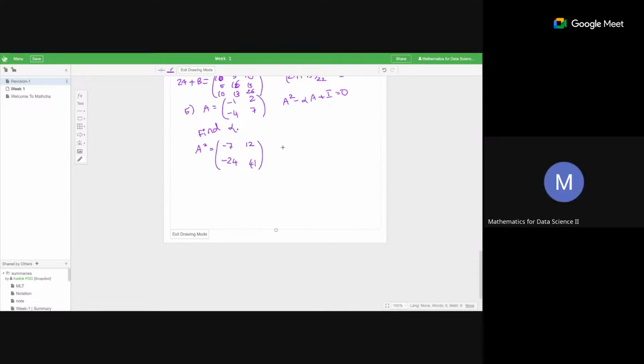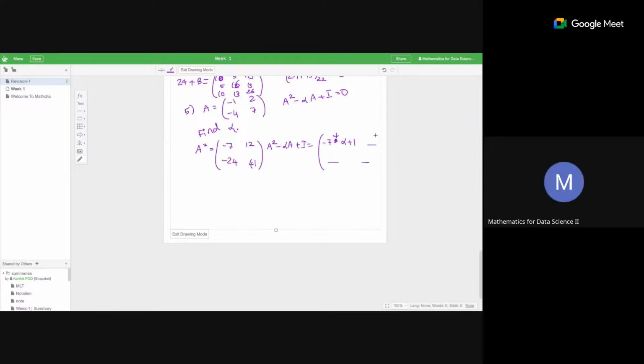Okay, now when you do A squared minus alpha A plus I, what is the matrix you get? Minus 7 plus alpha plus 1.